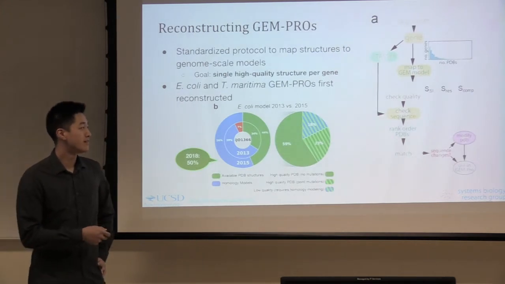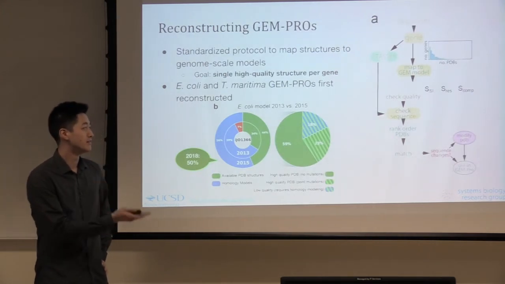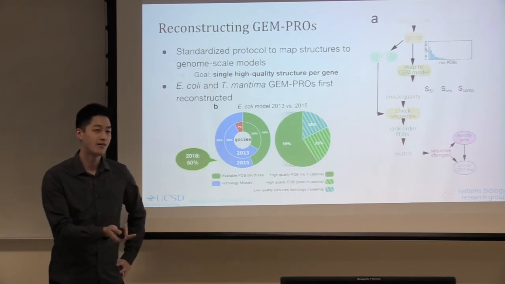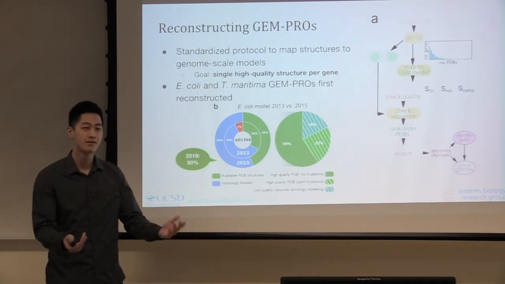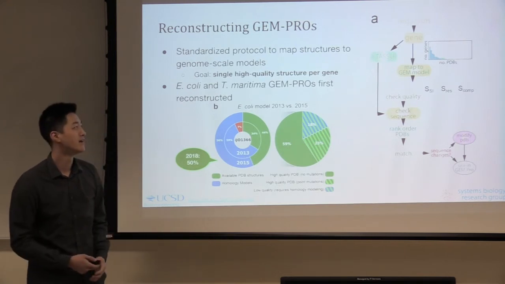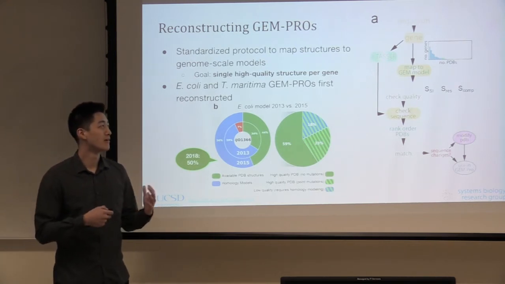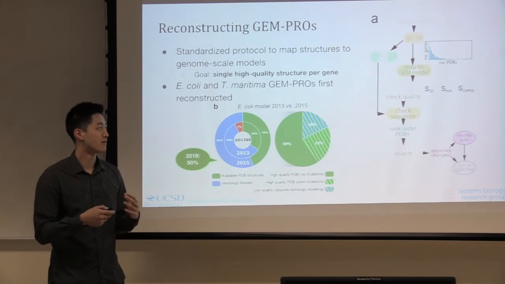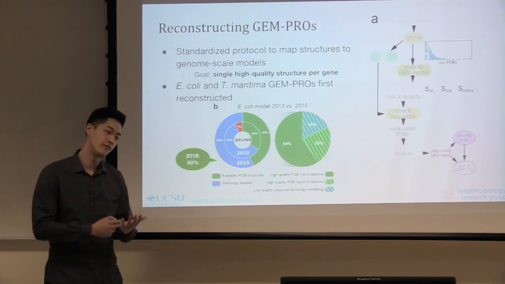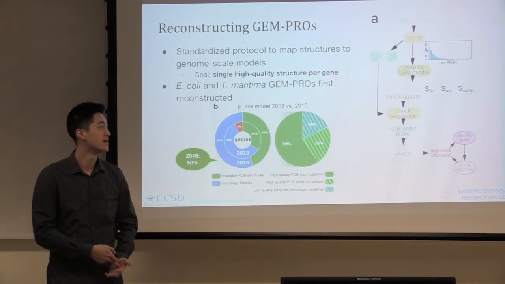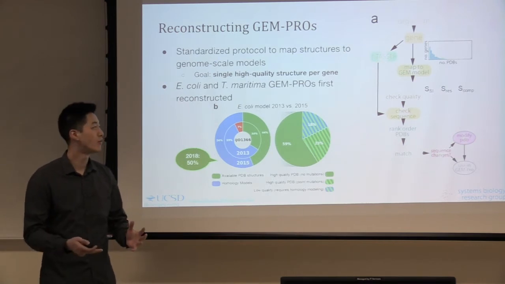So just briefly, the goal of the GEM-PRO is to get a high-quality structure for an enzyme within your metabolic network. How do we go about doing that? Early on, it's a simple ID mapping process where you try to BLAST the Protein Data Bank for sequences and structures that match what you're looking for.